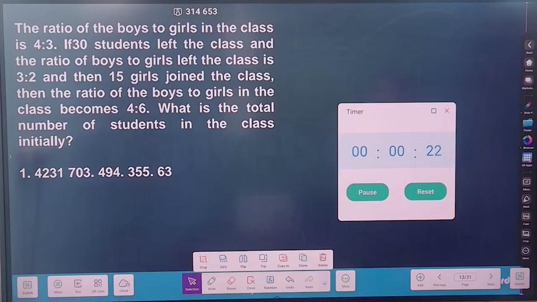Read the question properly, then you can solve.